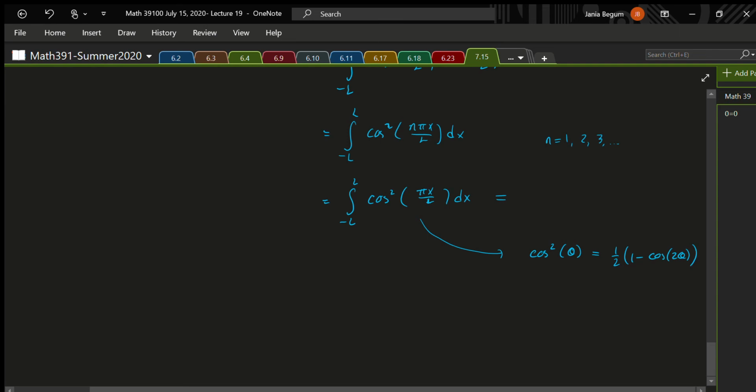So that's the idea we're going to use here because it's a cosine squared. We can write this as the integral from negative L to L of 1/2 times 1 minus cosine of 2 times pi x over L dx. Then you just integrate that and evaluate from negative L to L. Again, that's up to you to verify.